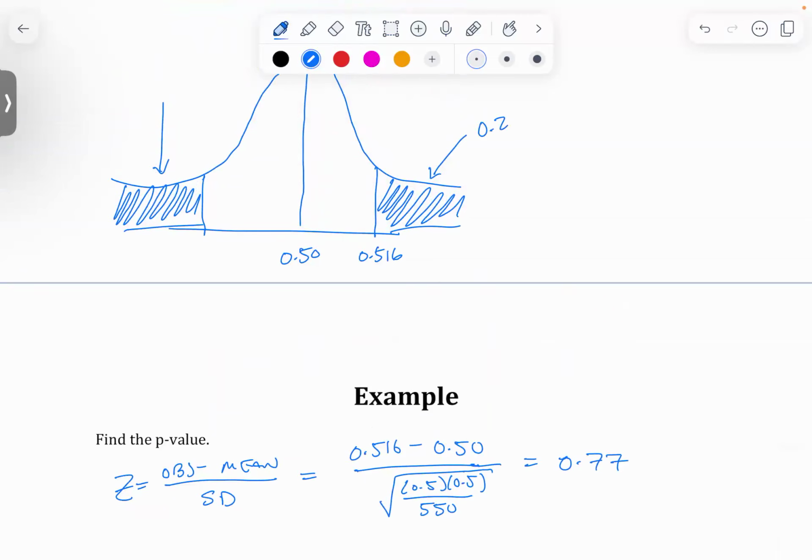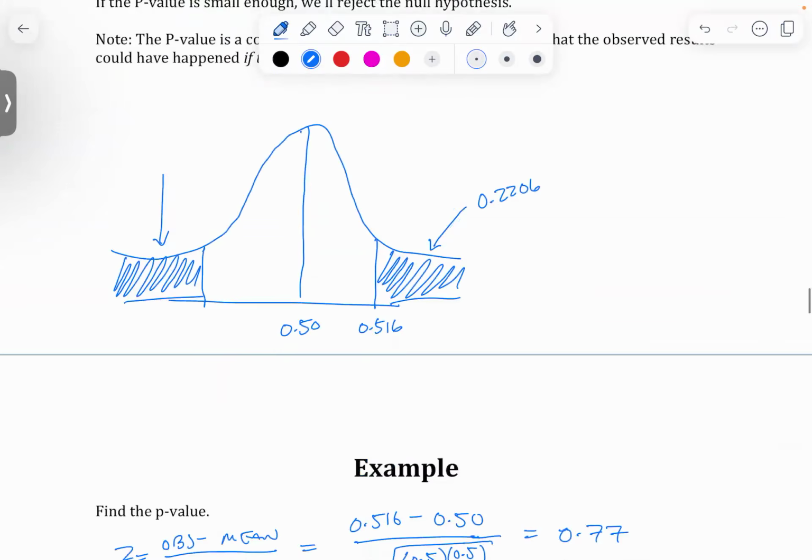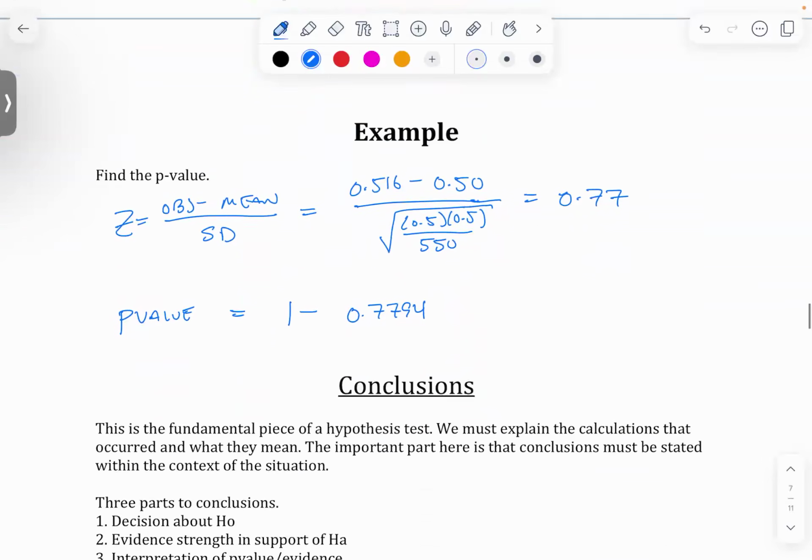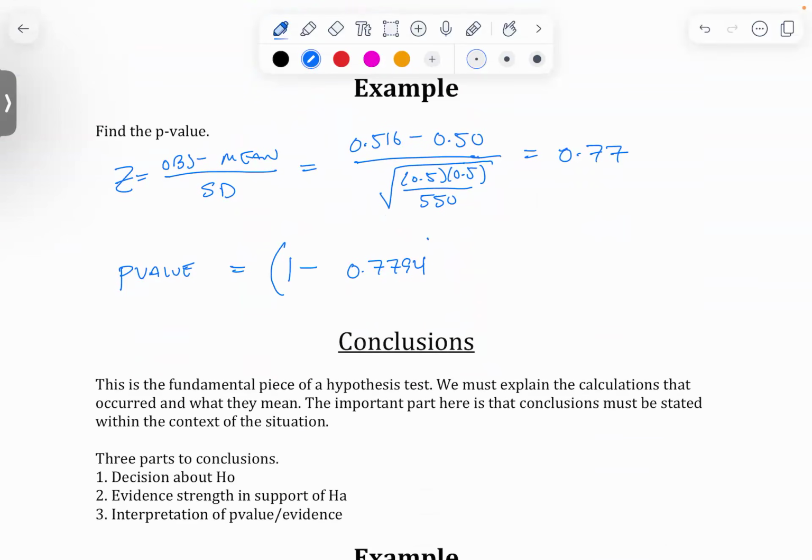So this tail is 0.2206, which means this one is 0.2206 as well. The fast way to do that is to multiply it by 2, giving our p-value of 0.4412. That's how we could do it by hand.